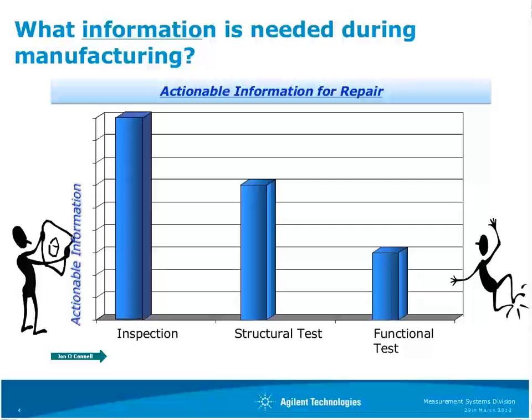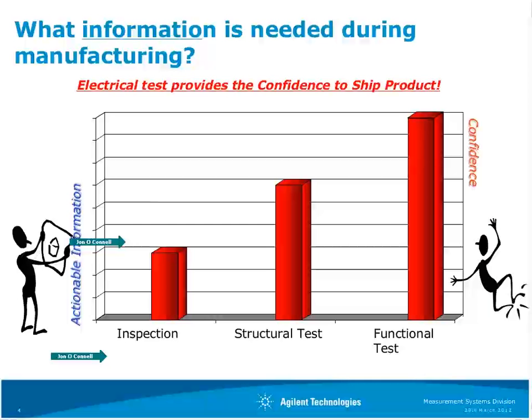Inspection equipment provides the most information for repair defect coverage. Structural test also provides good electrical coverage, typically from MDA and in-circuit type tests. And functional test provides information, but less specific, actionable information that we can use to repair the product. It just tends to say the product's not working for this area and this function.